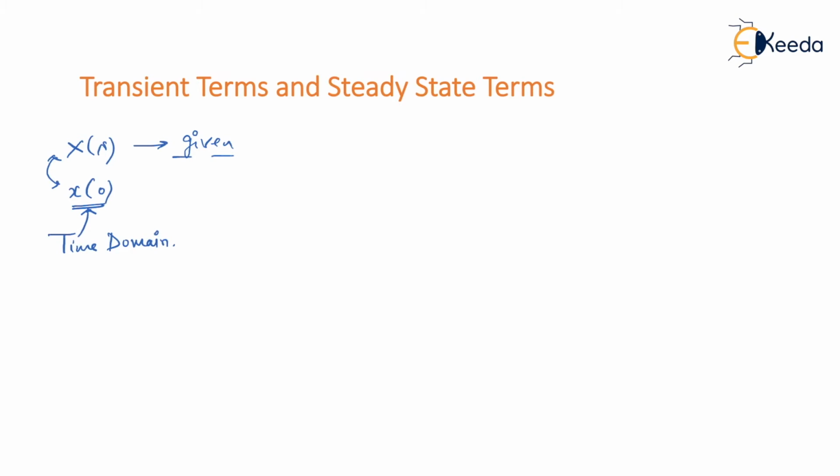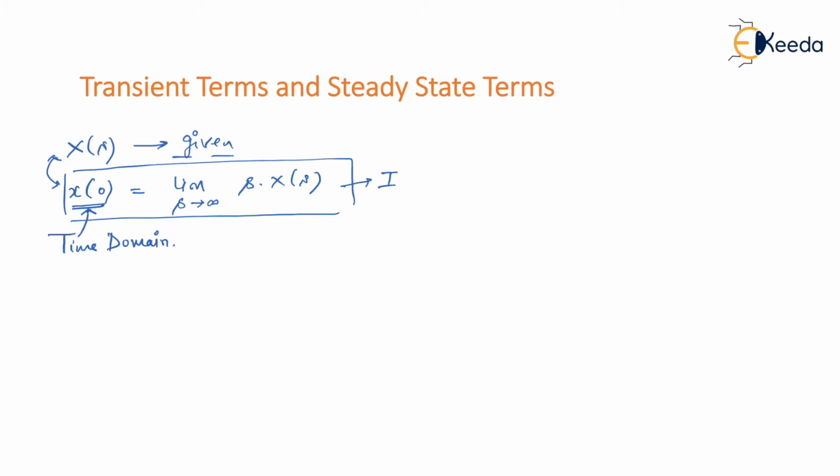So the initial value and final value theorem will help you to get x of 0 from the given x of s. So x of 0 is given as limit s tending to infinity of s times x of s. This is the formula for the initial value, or it is also called the initial value theorem. With the initial value theorem, you can calculate x of 0, meaning x of t at t equal to 0, from the given x of s.